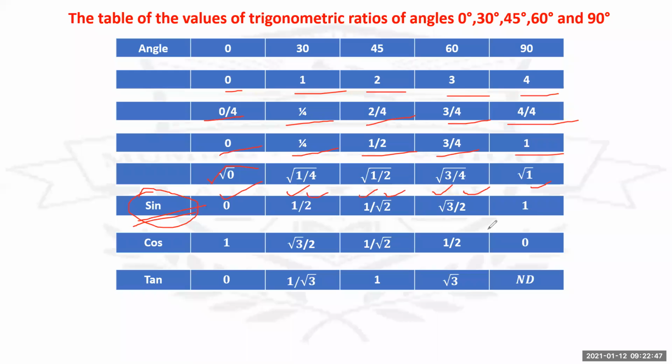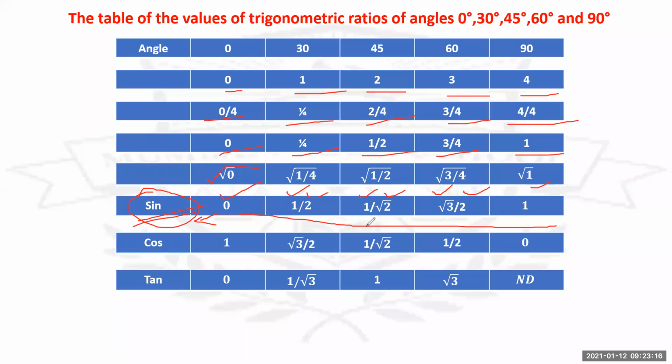Then you'll get cos. For cos, whatever values you have got in the sine table, write them in the reverse order. That is, the last number will become the first number. So sine 90 equals cos 0, that is 1. Understand? Then sine 60 equals cos 30, that is root 3 upon 2.